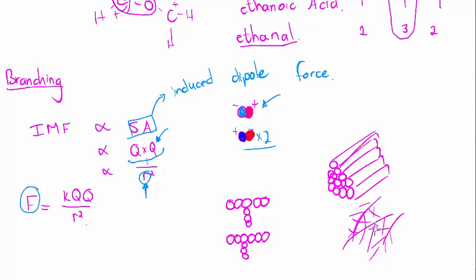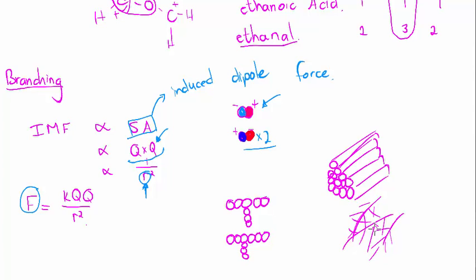Because there's a hindrance between the two branches coming close, the force that they can exert on one another is smaller. So the more branches I have, the more hindrances there are. Does that make sense? The more difficult it is for two molecules to get close together. So what effect do branches have on intermolecular force?